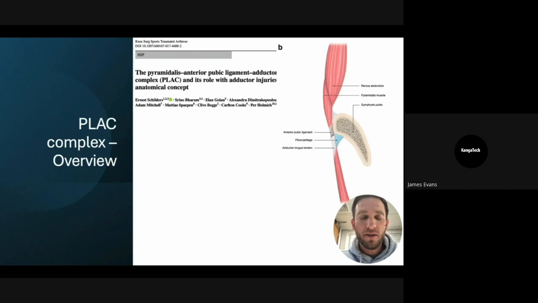Initially, if you look at this image here, which is the sagittal view, you can see the rectus abdominis coming down with the pyramidalis muscle just in front, and then you have the anterior pubic ligament here attaching onto the pubic symphysis, and then the adductor longus tendon coming up from beneath. And then in between you have the fibrocartilage disc, which attaches that adductor longus tendon again into the pubic symphysis.